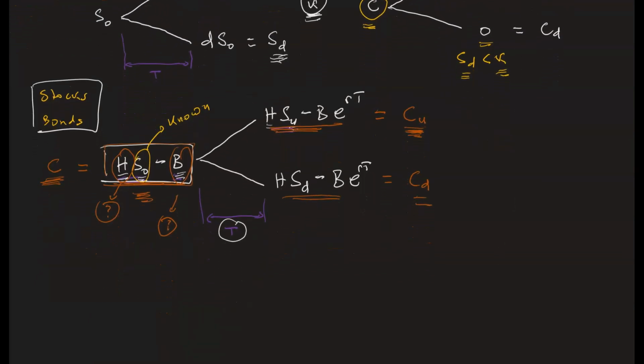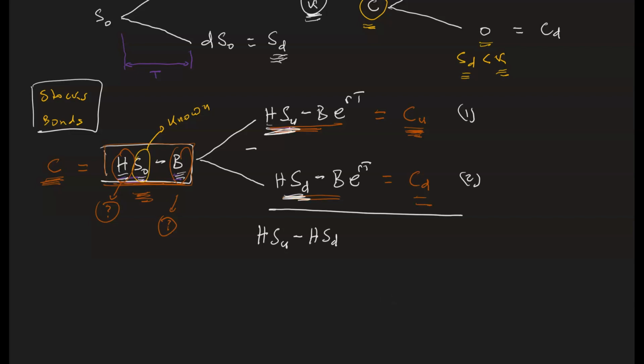And so to solve for H and B, we're going to call this equation here 1, and we're going to call that equation here 2. And we're going to do 1 minus 2, and we're going to do the difference. Now, if we do 1 minus 2, what do we have? I'm going to delete this, and we know that that's over a period of time T. We have H S up minus H S down, that is this minus that, and then we have B future value minus B future value.